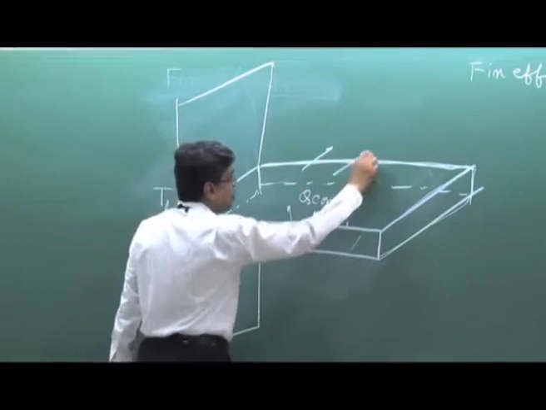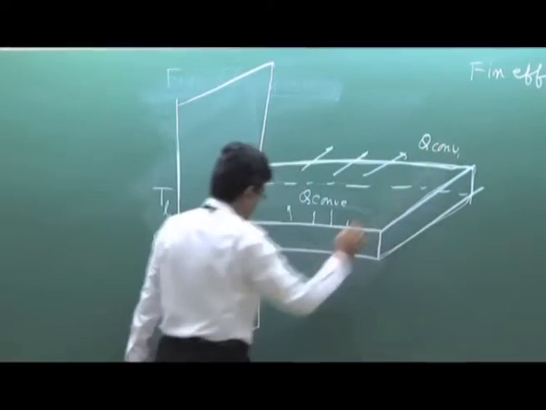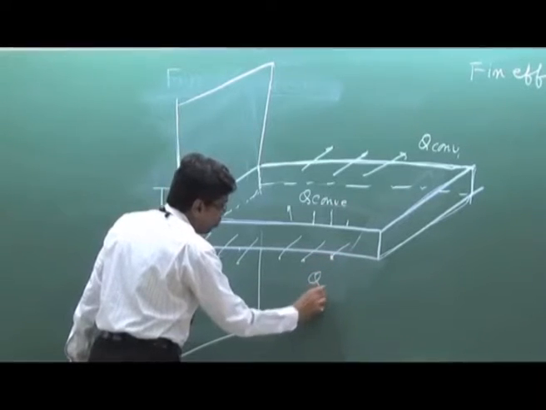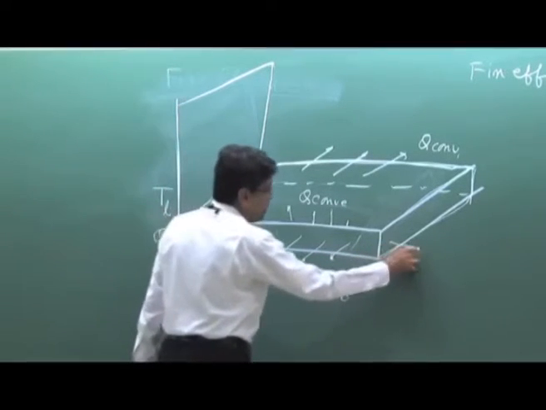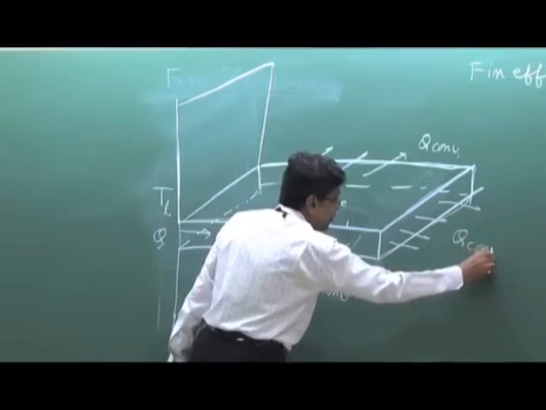From this lateral surface also, Q convection. This we already did in the last class, Q convection. And from this surface also finally convection heat transfer is there.